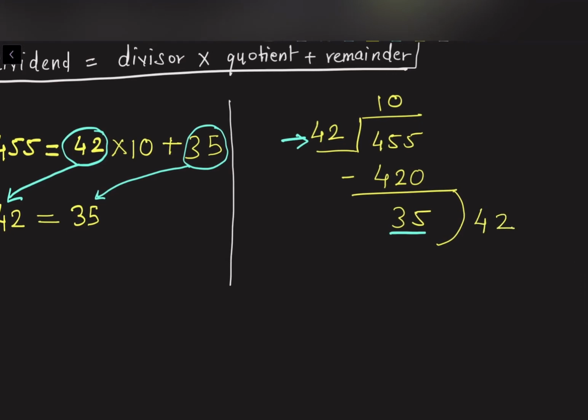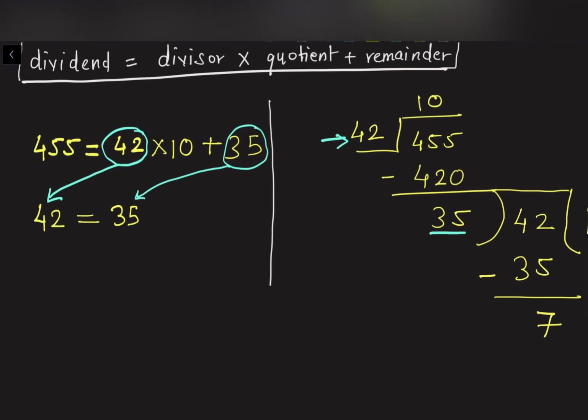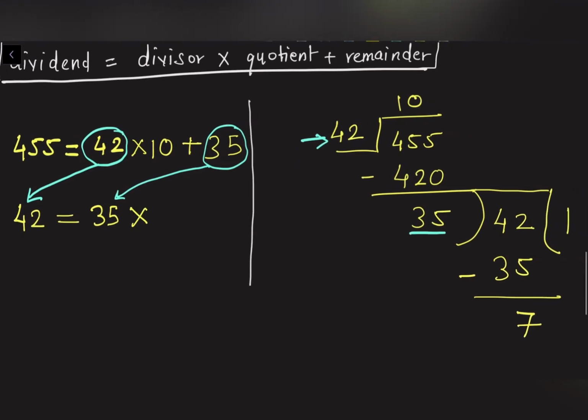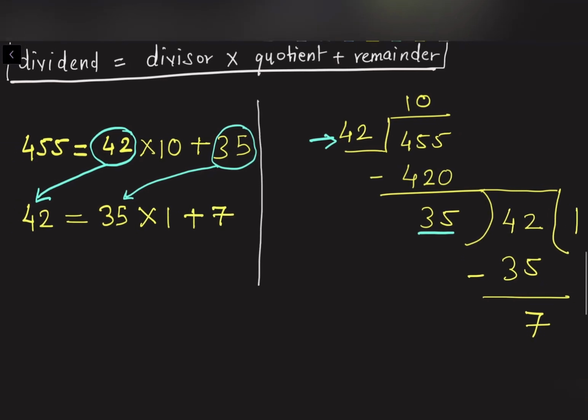So 35 ones are 35, right? So what is the remainder? Remainder is 7, right? I'll write here also side by side in this form: 35 into 1 plus 7. Don't get confused by how I'm writing this.